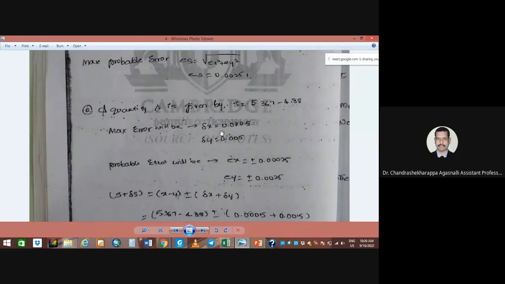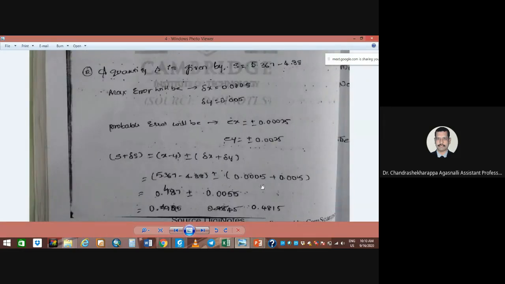This number 2 will be 0.0005 and delta y is equal to 0.005. The probable error will be EX is equal to 0.0225, plus or minus 25.